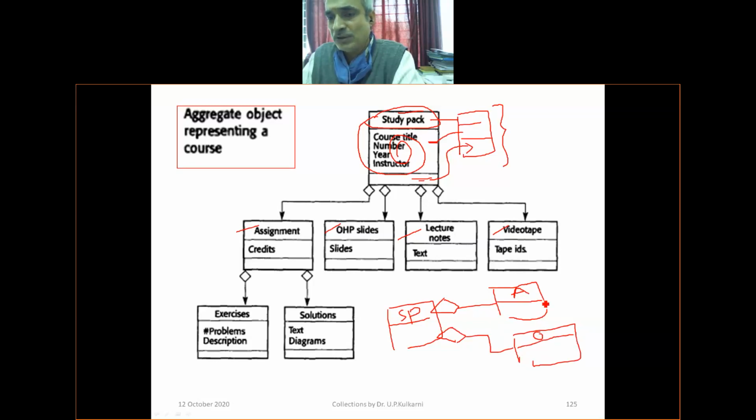So I can keep on adding that. So this is what I said just now. So how do you implement this? In the study pack class, create the instance of assignment, instance of OHP, instance of lecture notes, instance of video tapes and all, right? That's how you can see. Is that clear? Yes. Right.